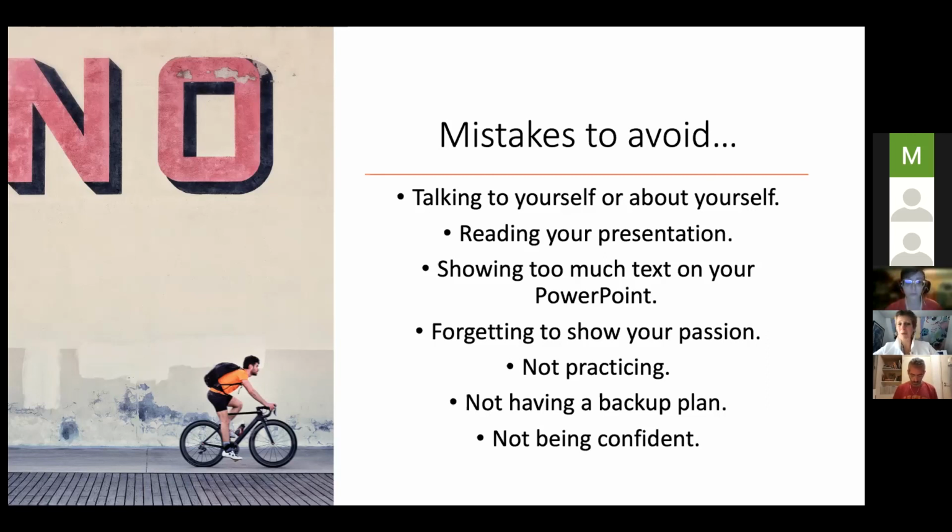You should remember to practice. Make sure that you're ready. Make sure that you know what you're talking about. Also, make sure you think about potential questions that someone might ask you, okay? And try to have a backup plan in place, and try to be confident about what you're saying, okay?